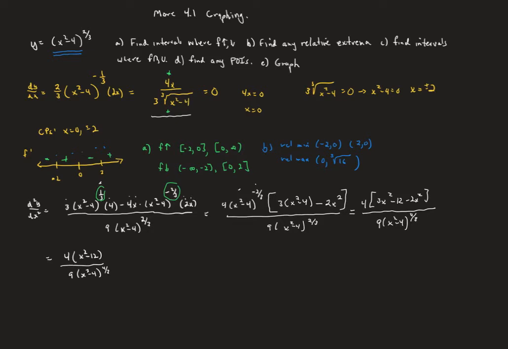Now we're ready to look for potential inflection points, PIPs. Like we did with finding critical points from the first derivative, those are going to be values of x that make our second derivative 0 or undefined. And a fraction will be 0 when its numerator is 0, and it will be undefined when its denominator is 0.